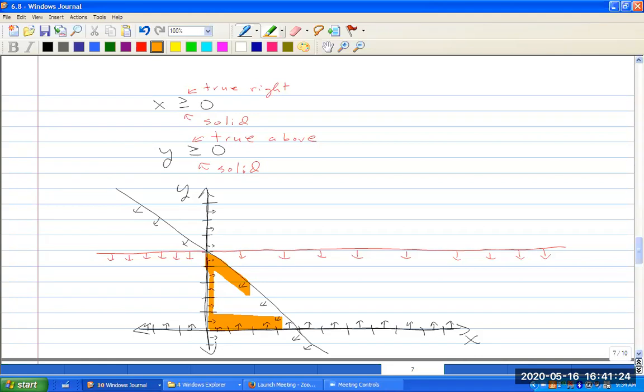So it sort of went over, but okay. There. And so here's my feasibility region.